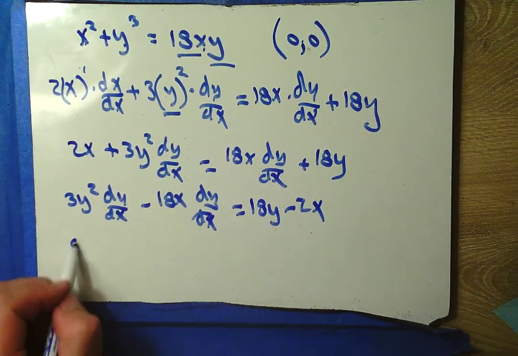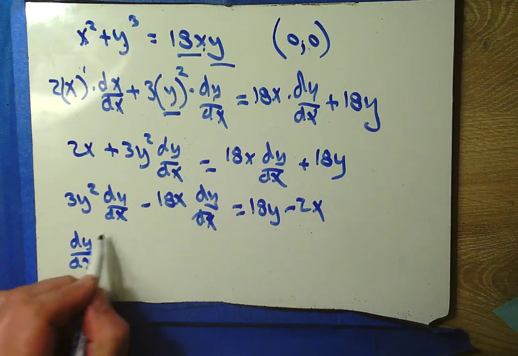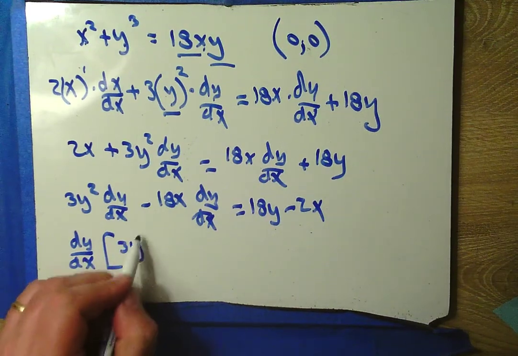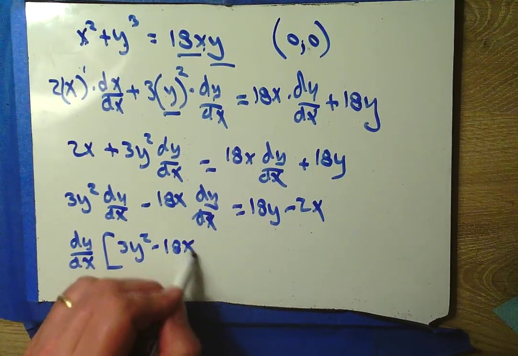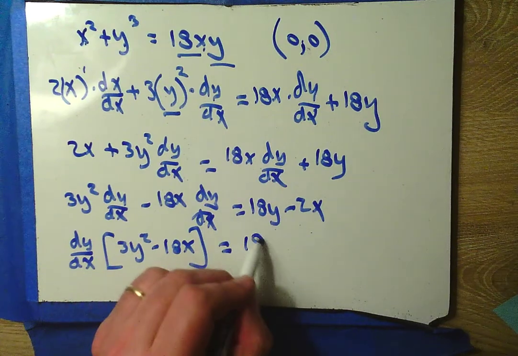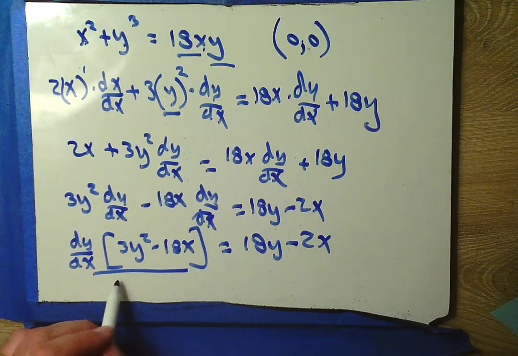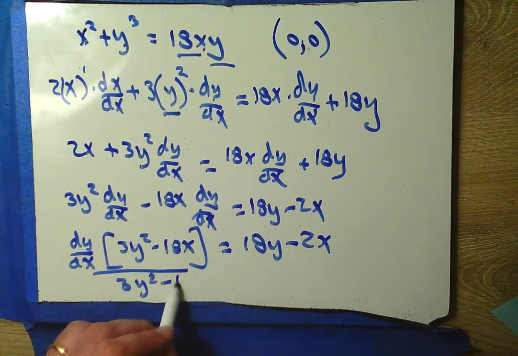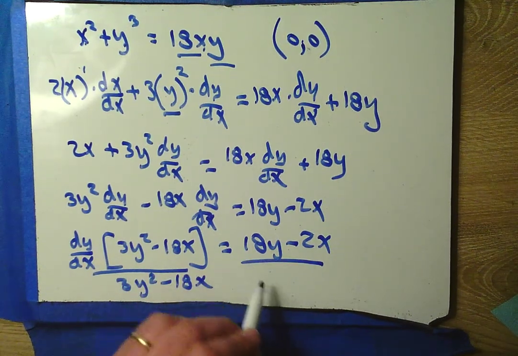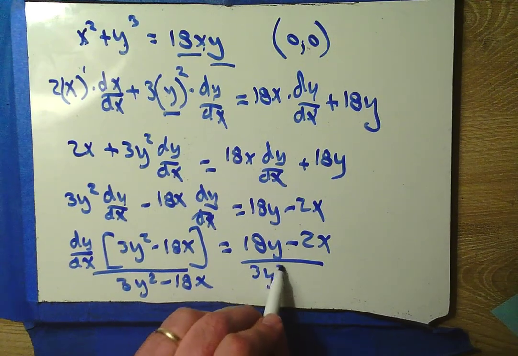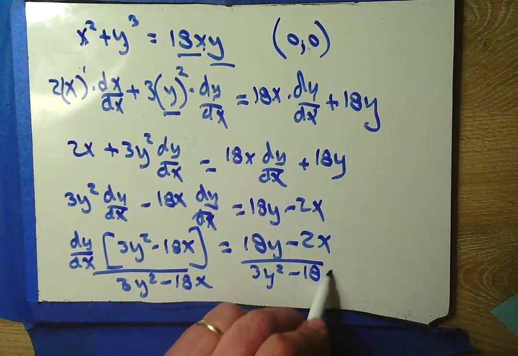On the left side, I'm going to factor out a dy/dx, giving me (3y squared minus 18x) dy/dx equals 18y minus 2x. And then I'm going to divide both sides by 3y squared minus 18x so that I can get the dy/dx by itself.